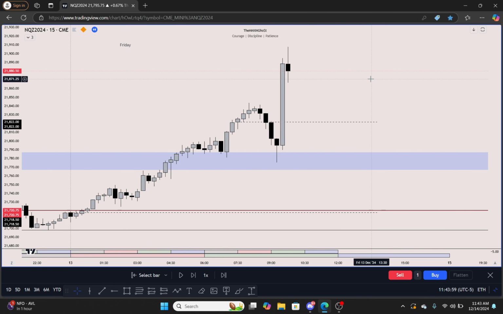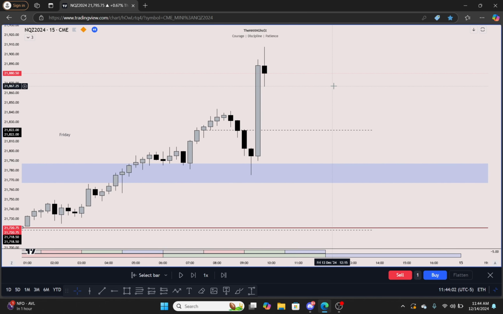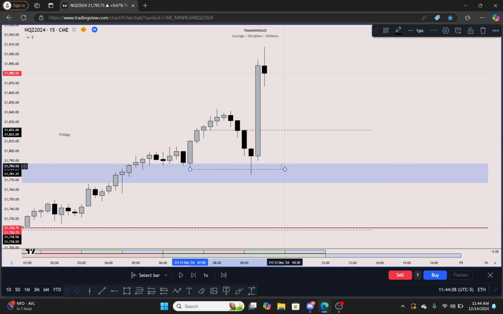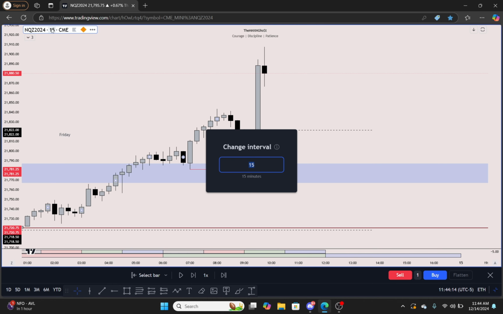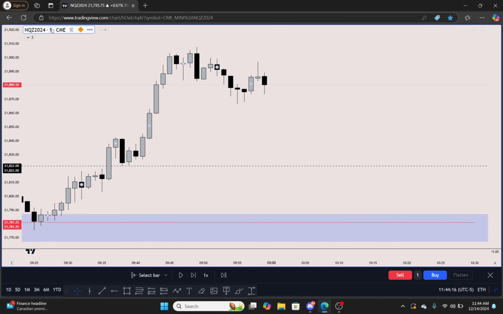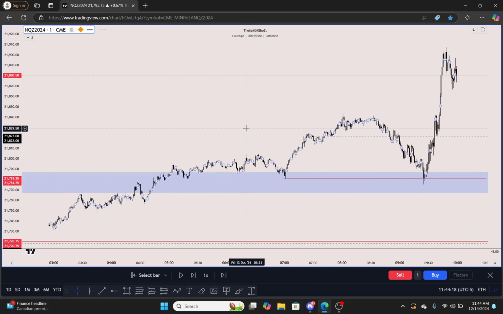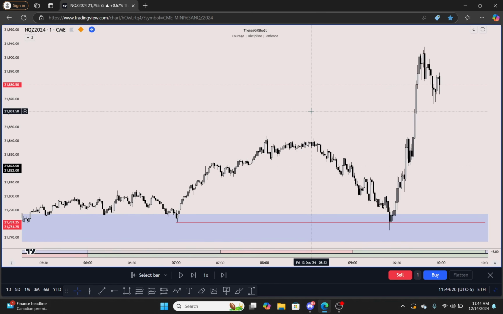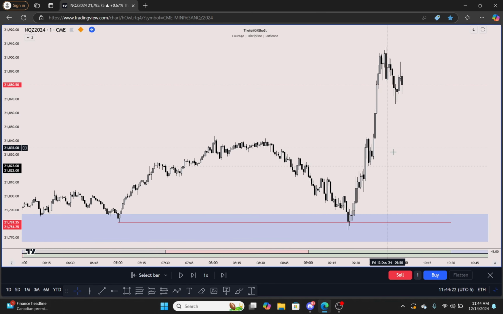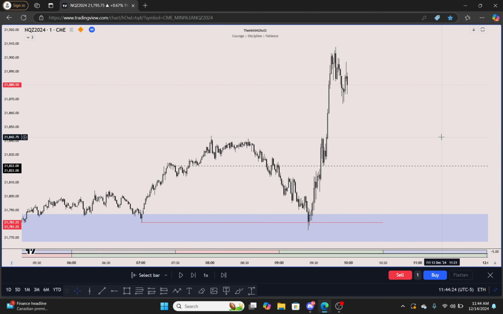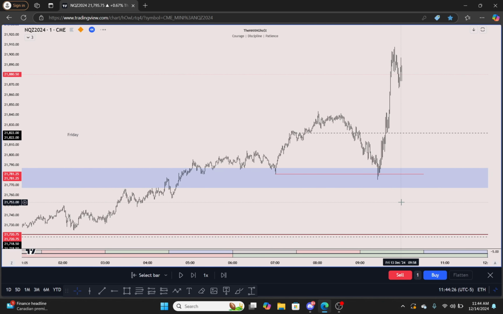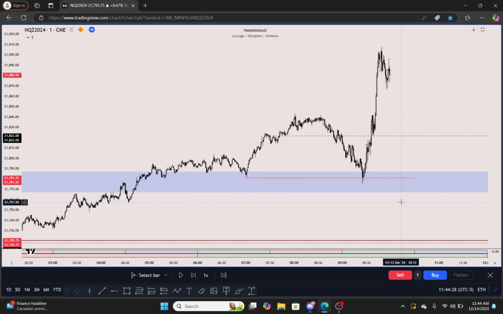Now that that's out of the way, we can now look for our turtle soup, which is here. Now let's drop down into our 1 minute time frame. So we're looking for SMTs between ES and NQ.